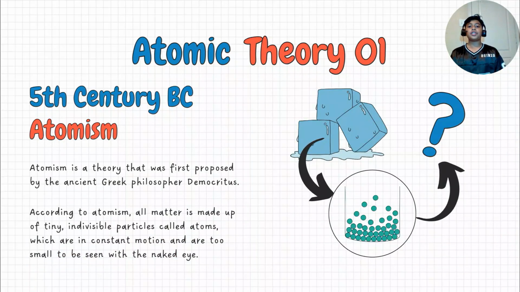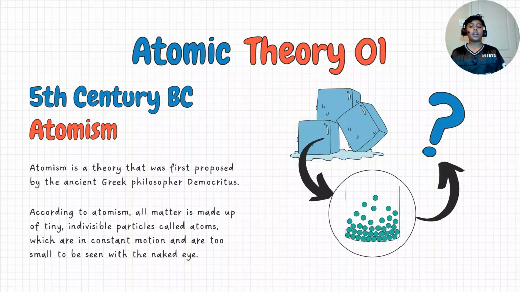So let's have the first atomic theory, which was invented in the 5th century BC, or the 400s BC. This is a theory that was first proposed by the ancient Greek philosopher Democritus.